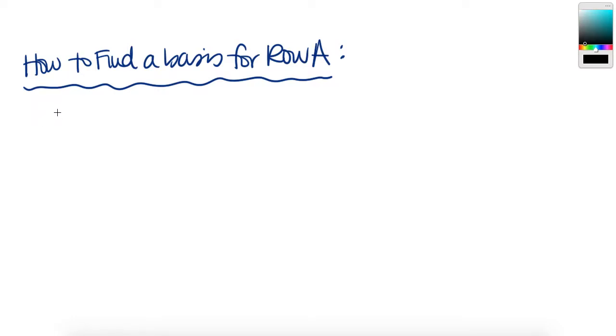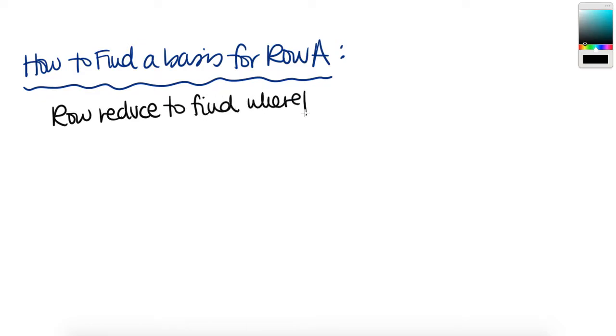Okay, so you need to row reduce to find where the pivots are in A. And then we're going to use a theorem here.